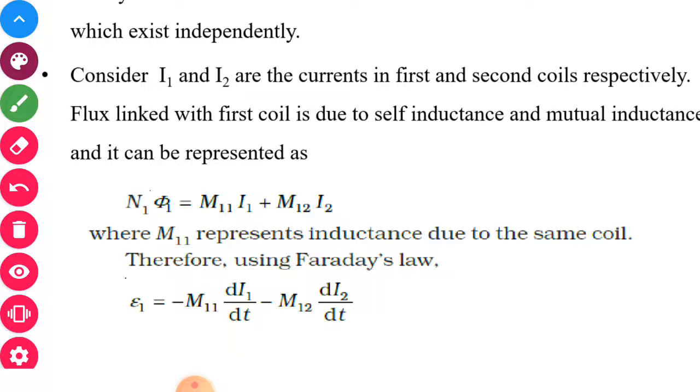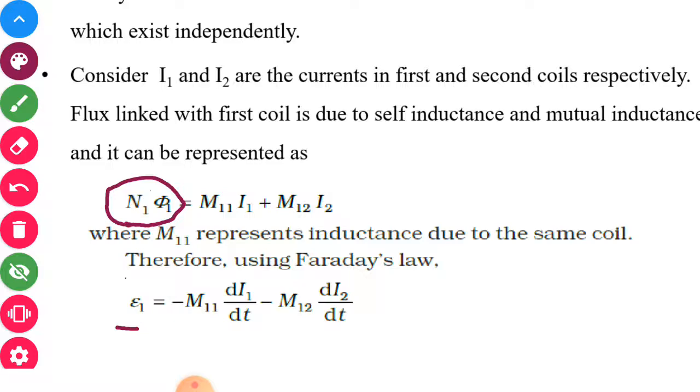Now you take the differentiation of this. Differentiation with respect to time of this flux will give you electromotive force. And according to Faraday's law, it must be negative, so a minus sign is taken on the right hand side. So it becomes minus M11 di1 by dt minus M12 di2 by dt.